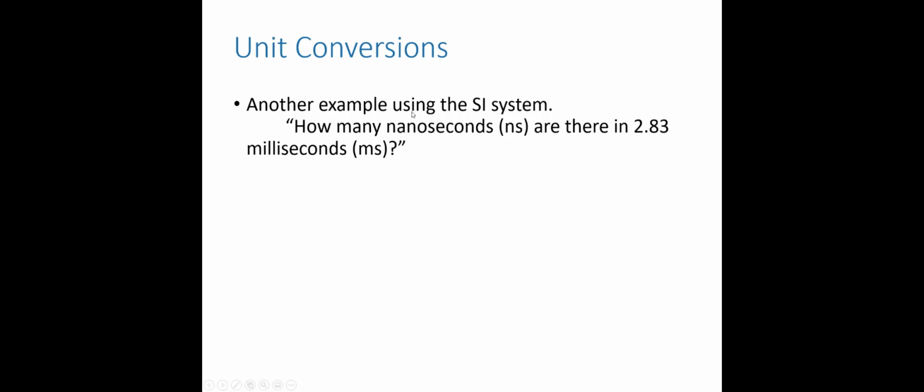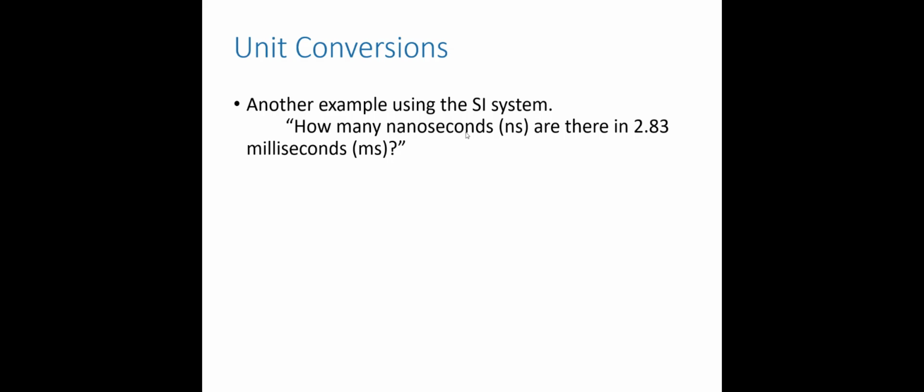Let's do another conversion that involves using the SI system. How many nanoseconds are in 2.83 milliseconds? Well, this problem is going to teach you a vitally important technique. You never want to try to go from one unit with a prefix directly to another unit with a prefix.